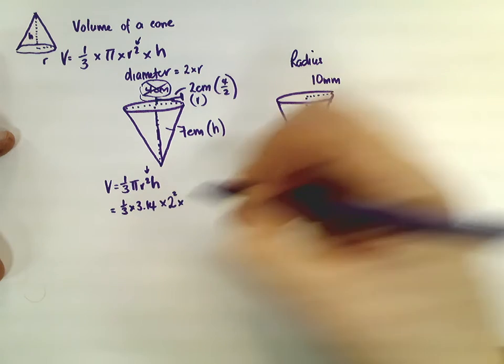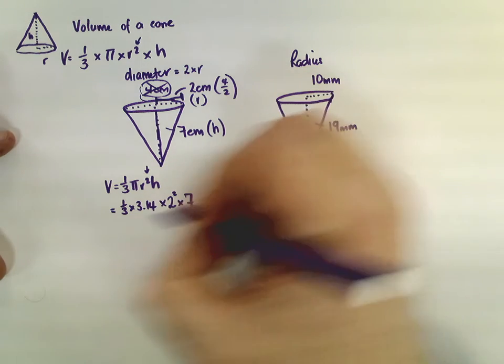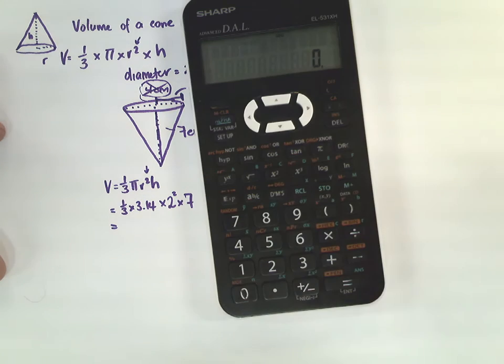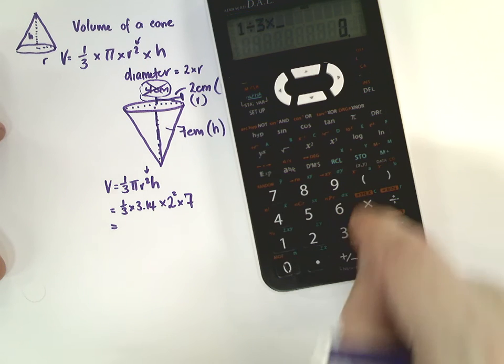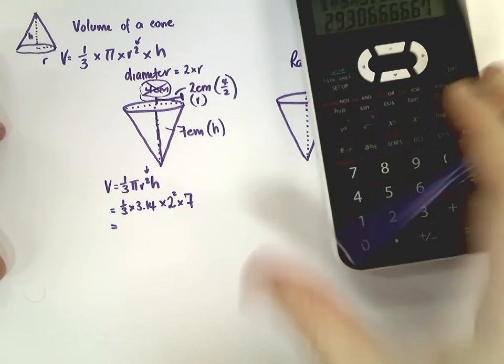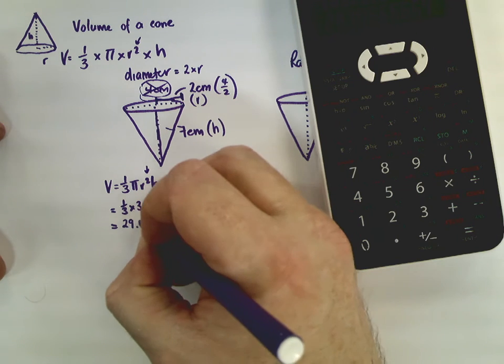Many kids forget, and that's affecting, of course, their results. And our height, of course, is 7. So, as I said, I'm going to get my calculator out. So, remember, 1 divided by 3 is going to give us that third, times 3.14 times 2 squared times 7. And press my answer. I get 29.3, so I'm just going to go with that.